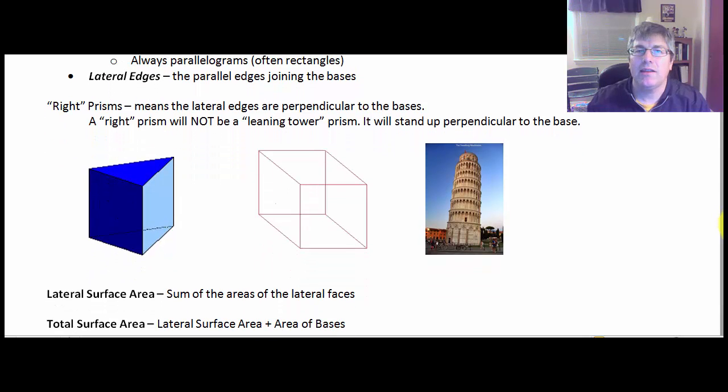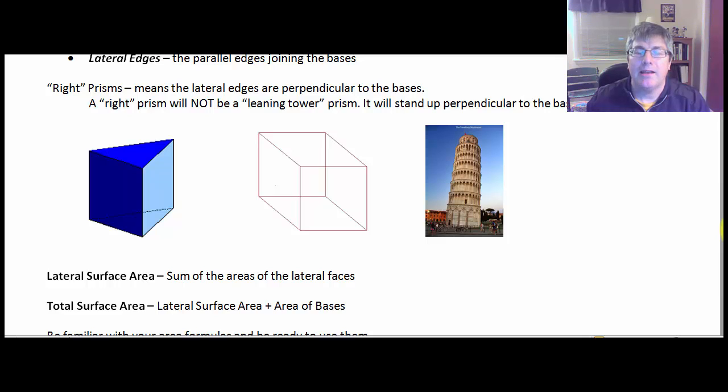And we can calculate the area of a prism by just adding up the area of its individual parts. So more vocabulary, the lateral surface area of the prism is the sum of the areas of the lateral faces. So if I have my triangular prism here, the lateral area is the area of these three rectangular faces.